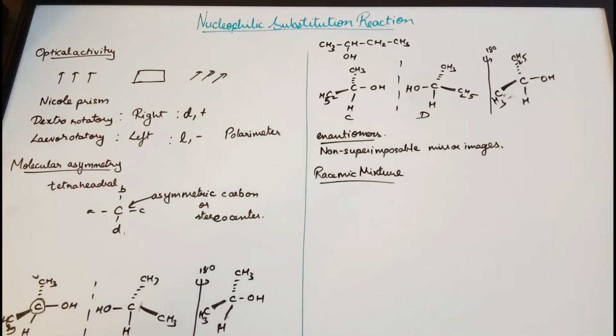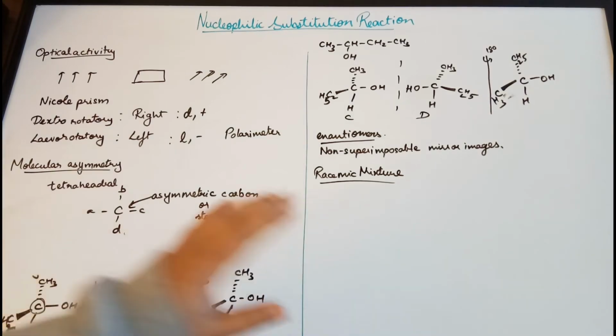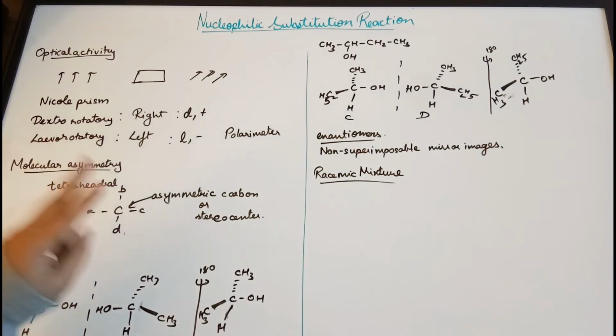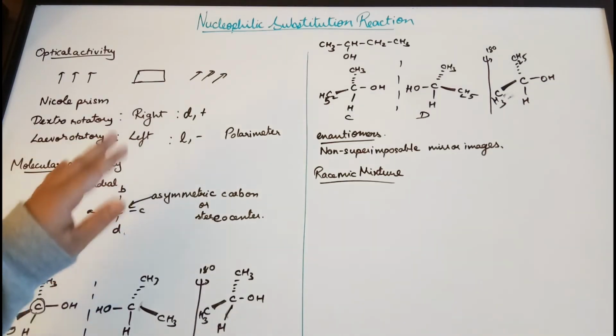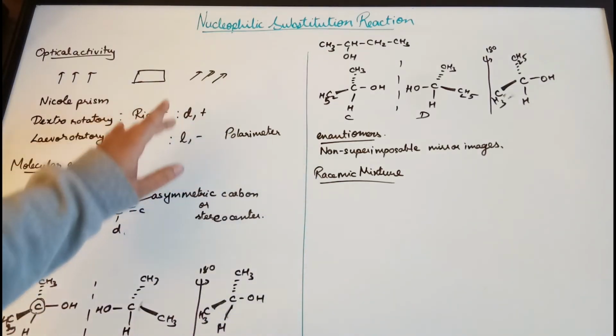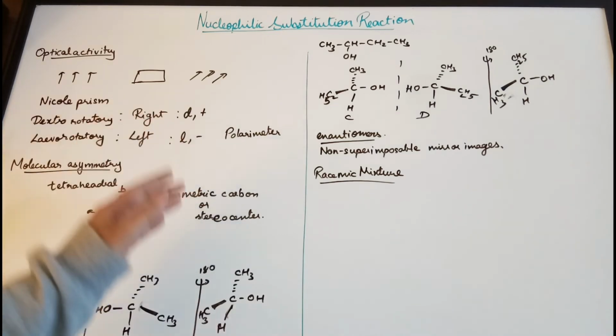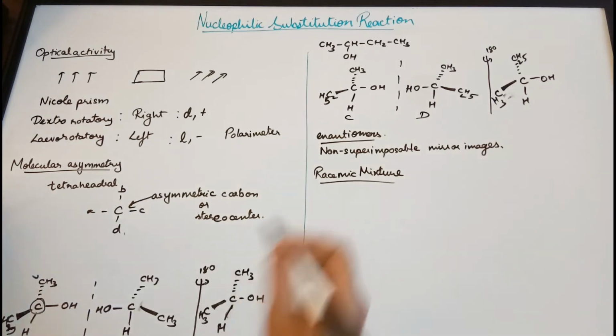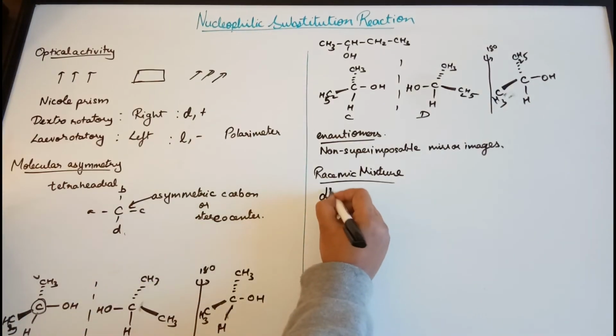Now, a racemic mixture is a mixture of a compound which has both the stereoisomers in equal quantity. So it will have, suppose, 10 molecules of D and 10 molecules of L, and because of that the net optical activity of that mixture becomes 0, and that kind of mixture is called a racemic mixture. So this is represented as DL or plus minus.